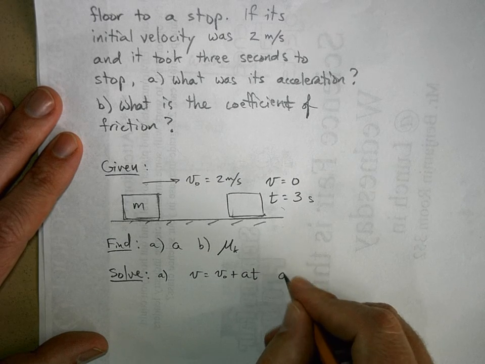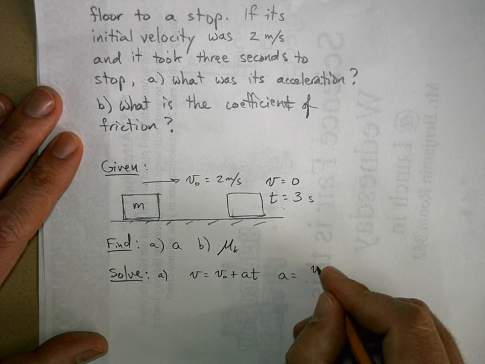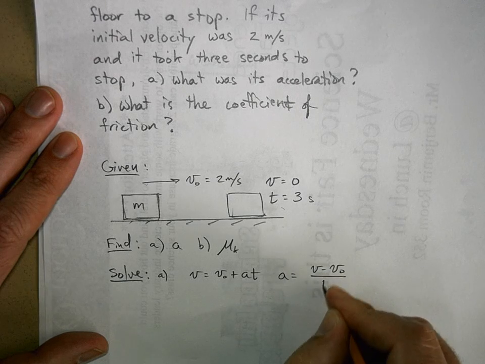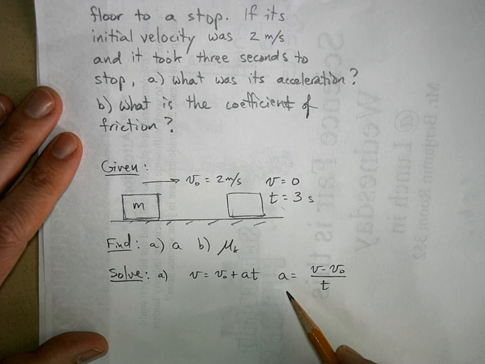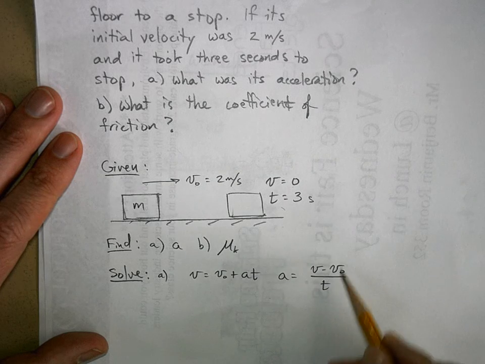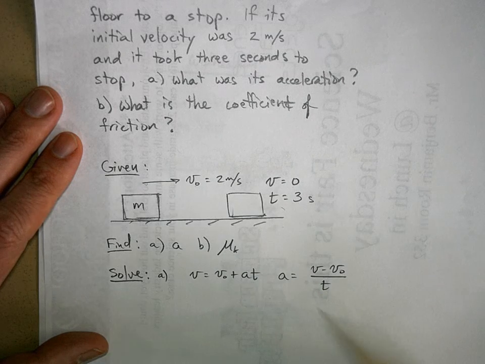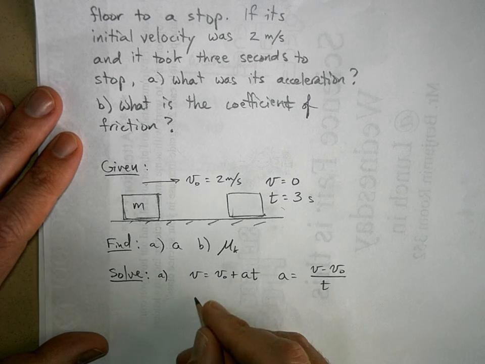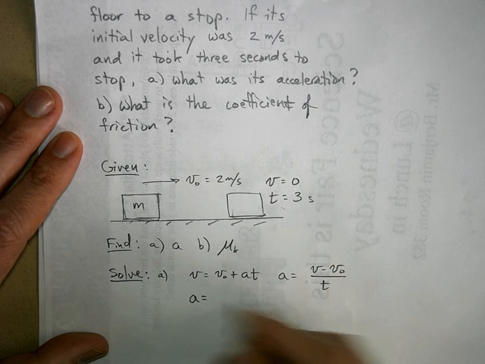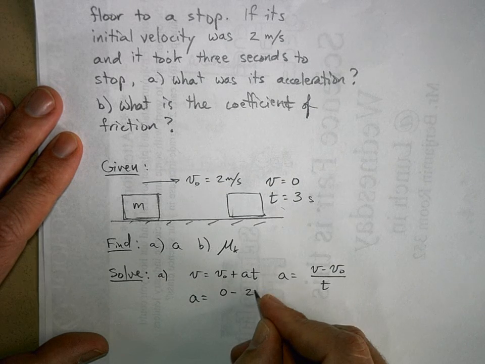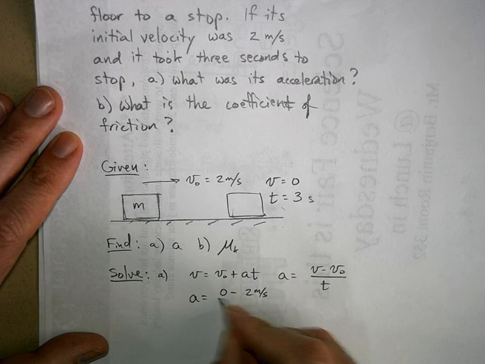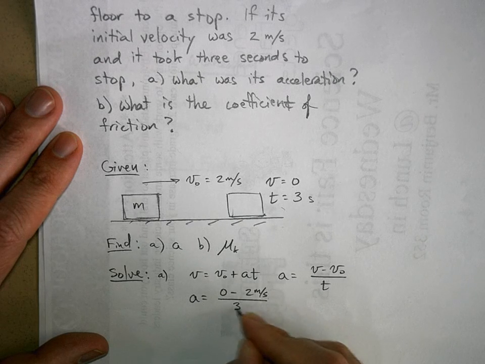And so the acceleration is V minus V naught over T. You can also just think, what is acceleration? Delta V over delta T, and you can use that equation as well, because that's what acceleration is. So this is 0 minus 2 meters per second divided by 3 seconds.